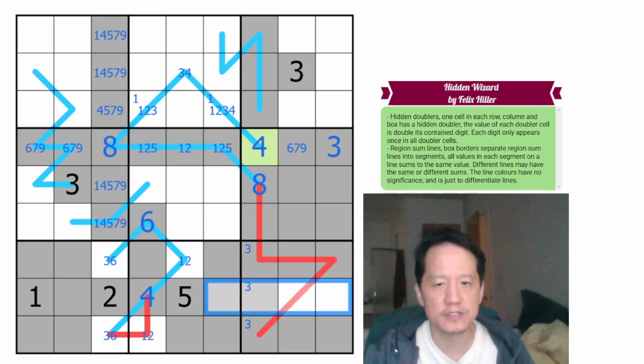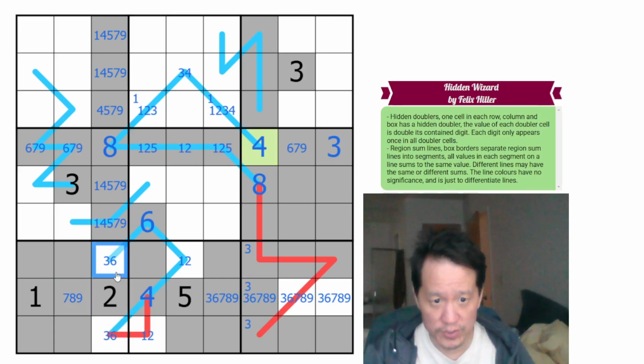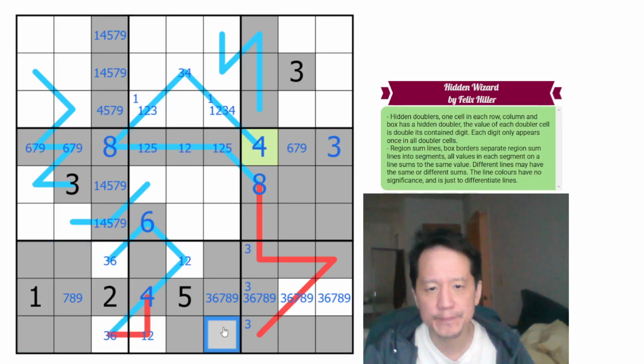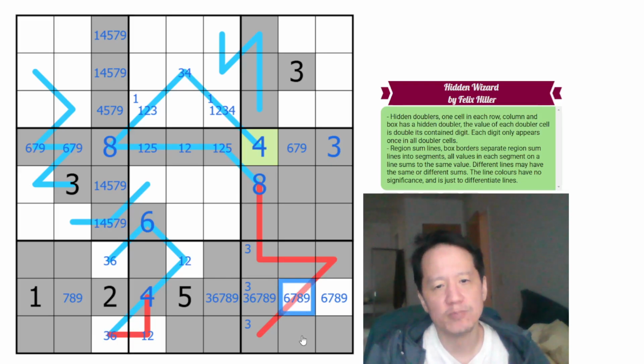The remaining digits here have to be 3, 6, 7, 8, 9. This can't be 3, though. This can't be 6 either, because of the 3, 6 pair in the box. These can't be 3, because of those 3. Huh. Therefore, if this were a doubler, it would have to be 6, 7, 8, or 9.